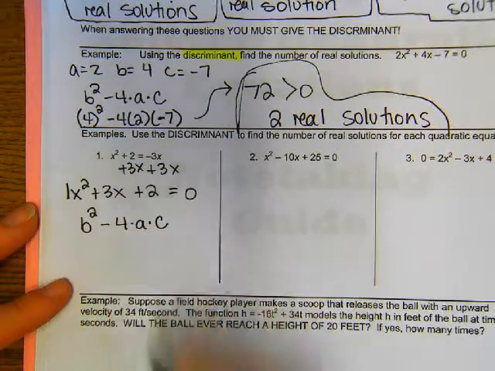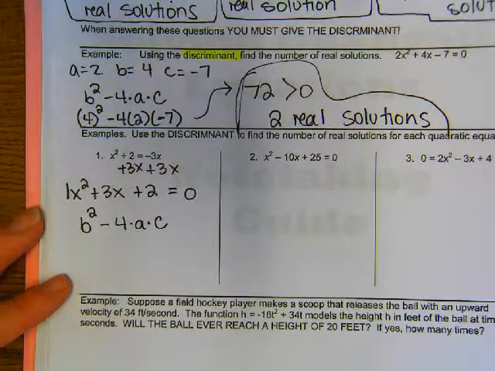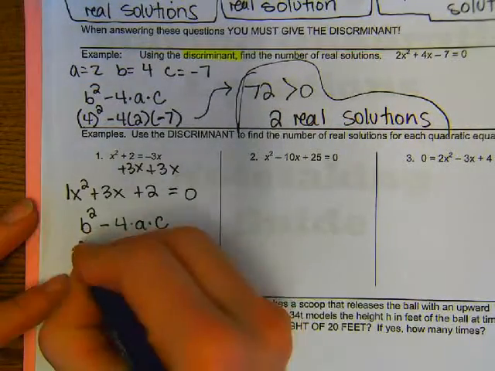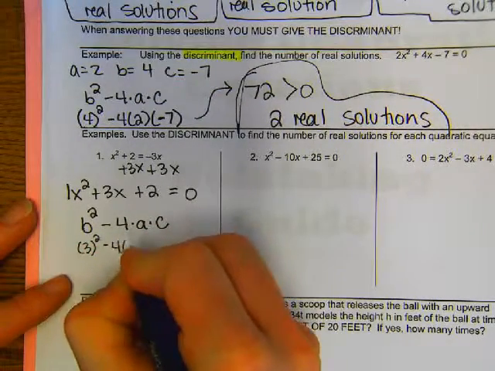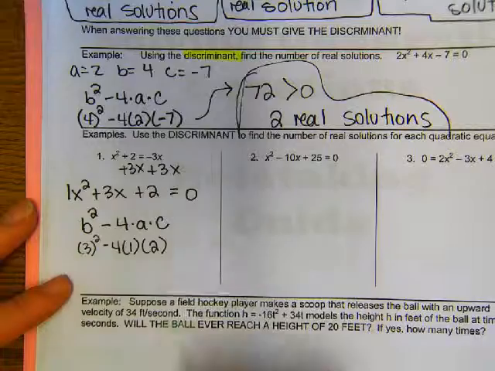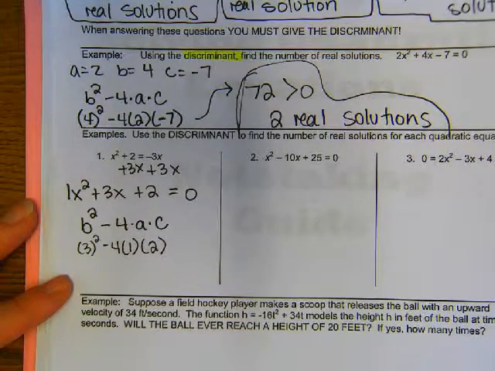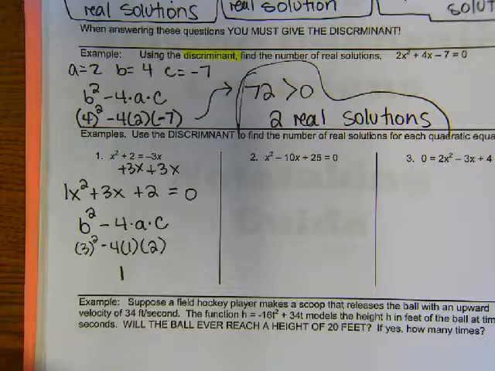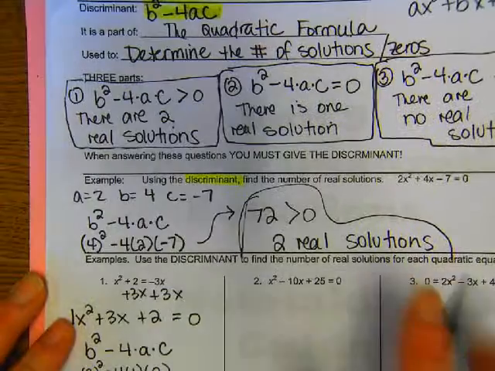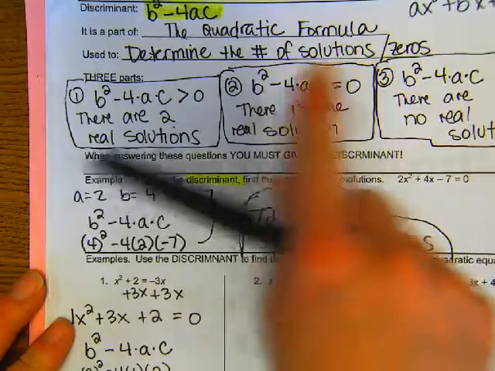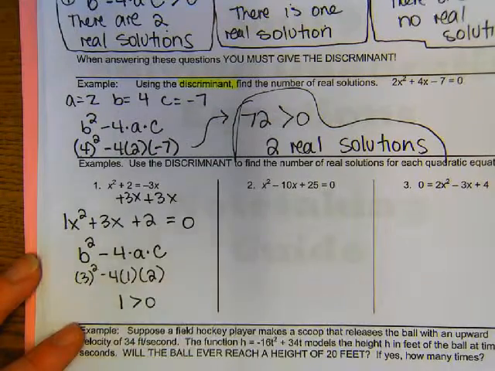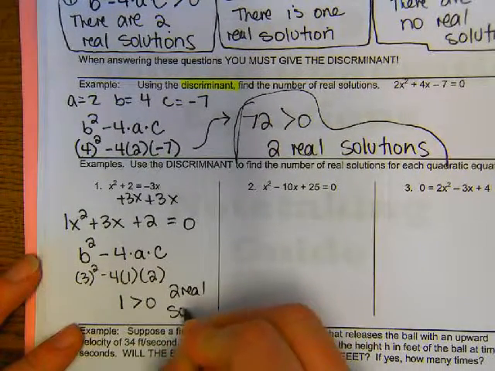Now I'm going to find just the b squared minus 4ac. Three squared minus 4 times 1 times 2. And I get what? 1. That doesn't mean one solution. I check now. Is it positive, 0, or negative? Okay, so this is positive. That means there are 2 real solutions.